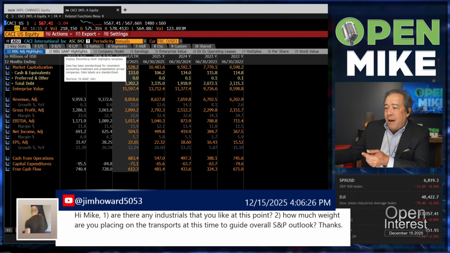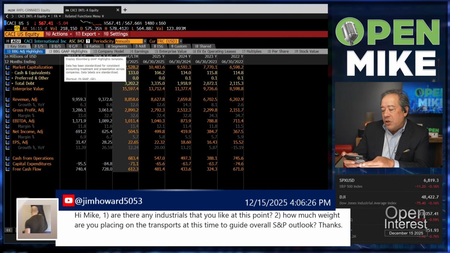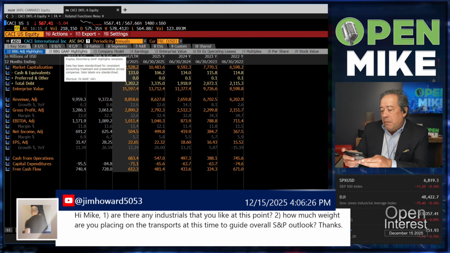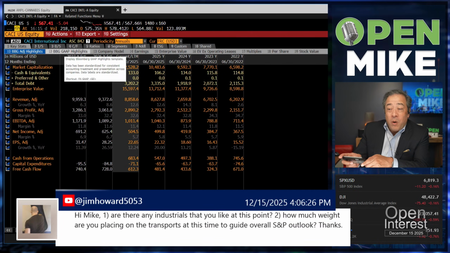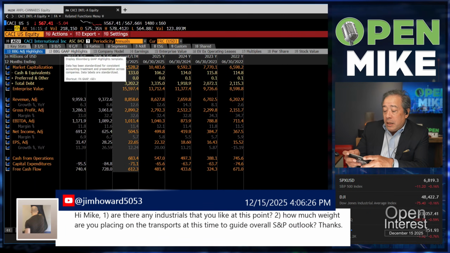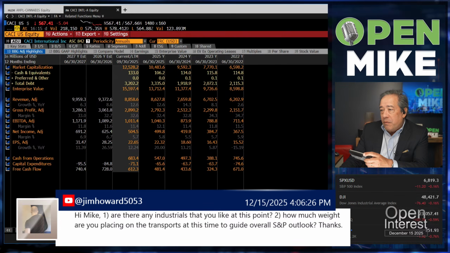So $31.50 a share, $5.67 a share, so that works out to 18 times forward earnings. Anticipated $740 million of free cash flow versus a $15.6 billion enterprise value.